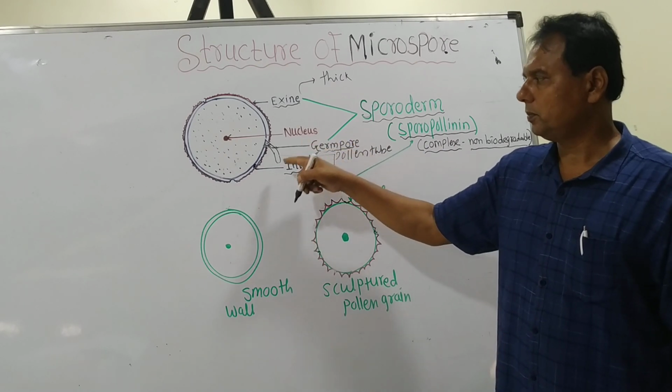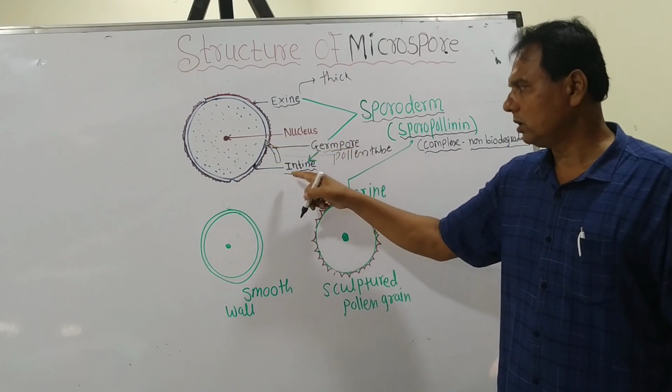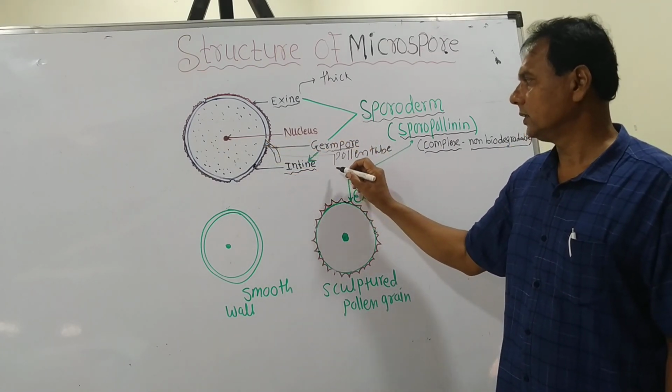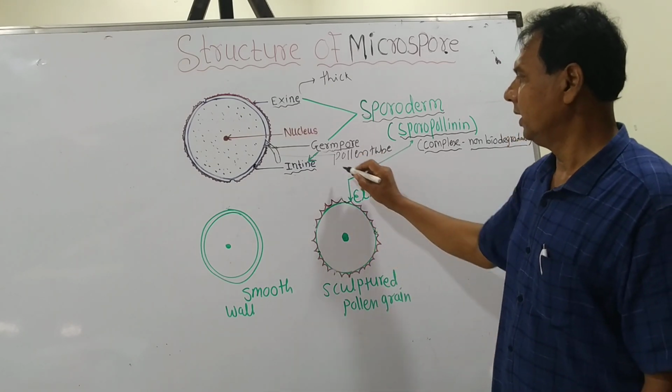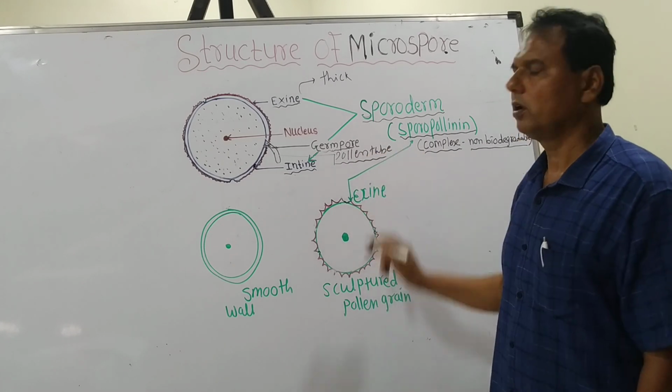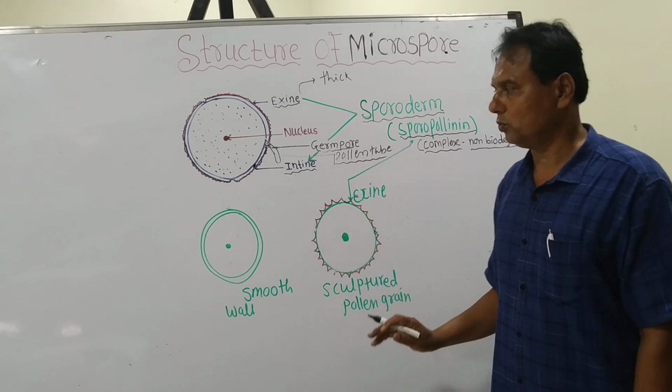Germ pores play a role in letting the intine come out during germination of the pollen grain in the form of a tube-like structure called the pollen tube. Remember this.